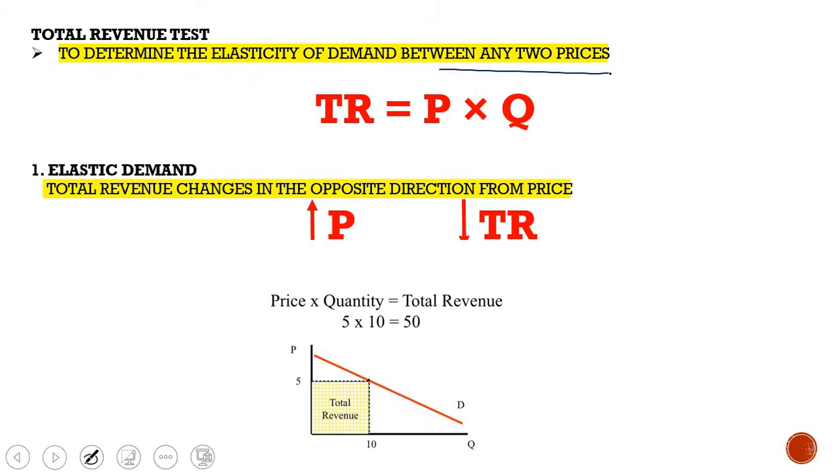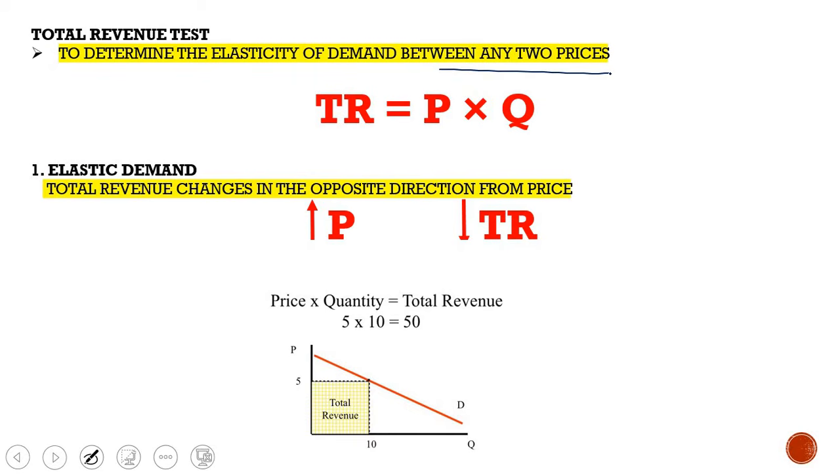For elastic demand, your total revenue changes in the opposite direction from price. So if price increases, your total revenue will decrease.